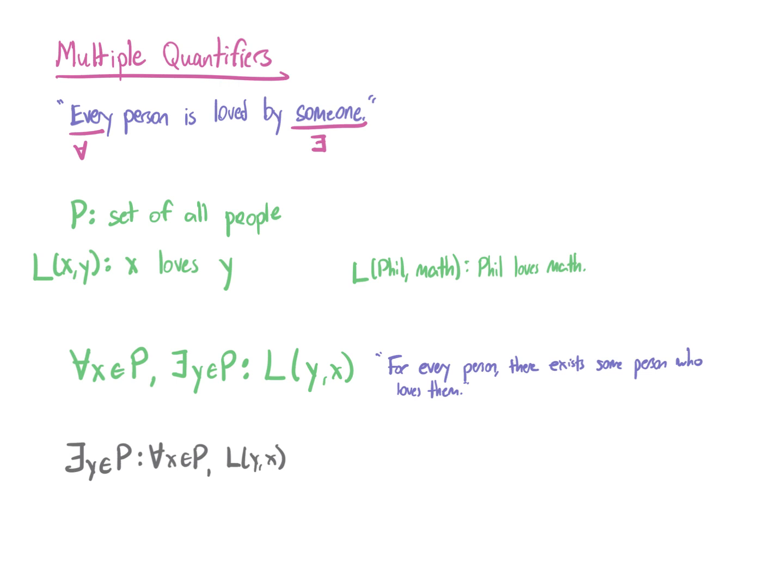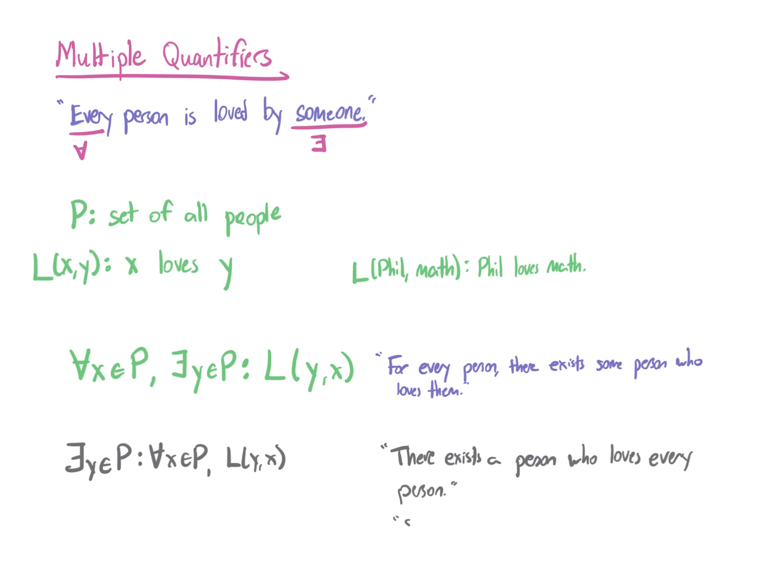But the order matters a lot because this proposition says something really different. This says there exists a person who loves every person.